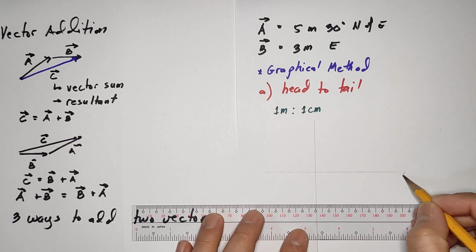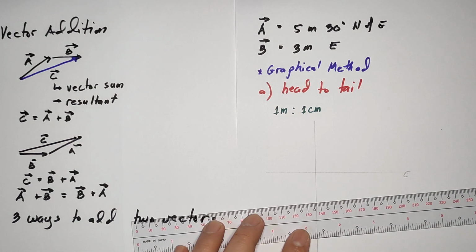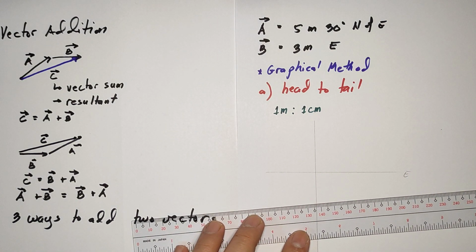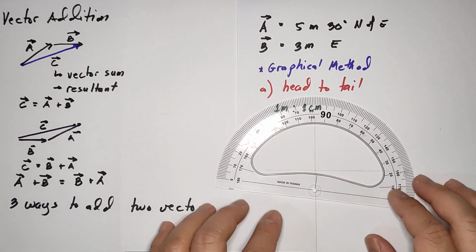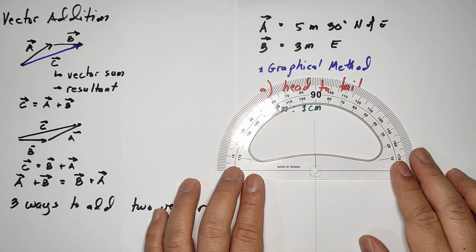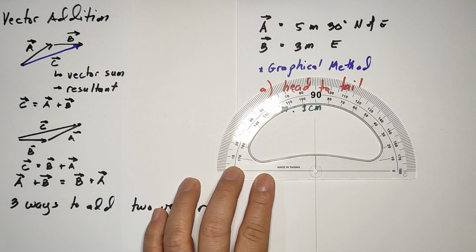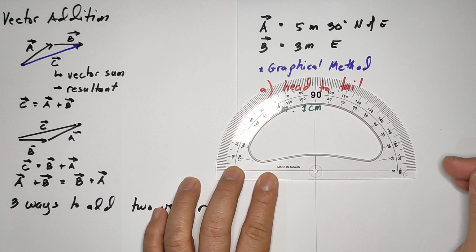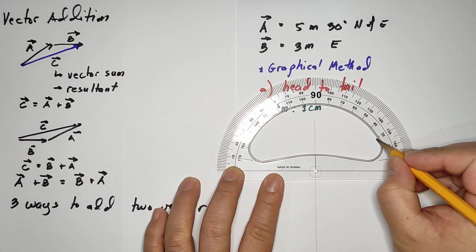So north of east, this is east. The north is going up. So I will use a protractor. Okay, I hope you could see. Then I will locate the 30 degrees, and the 30 degrees is here.